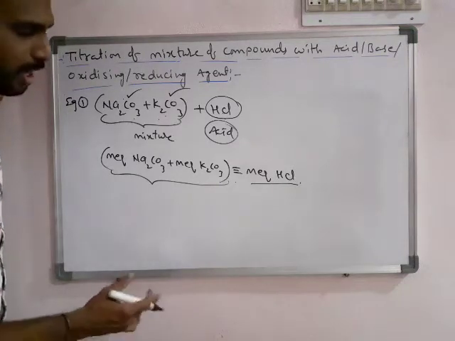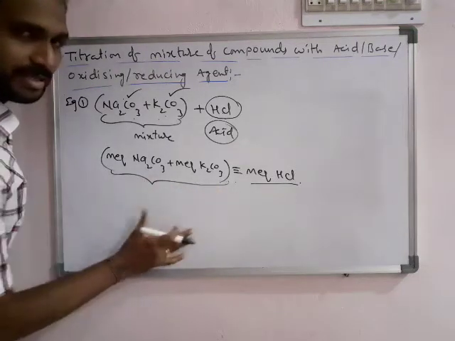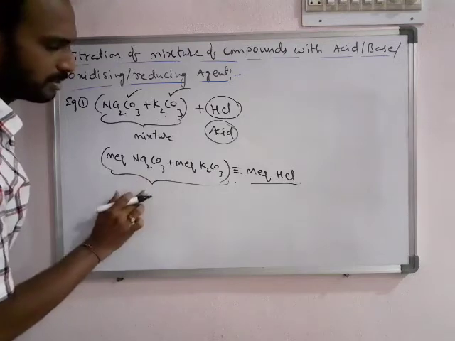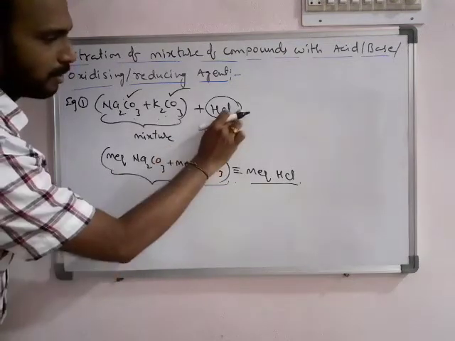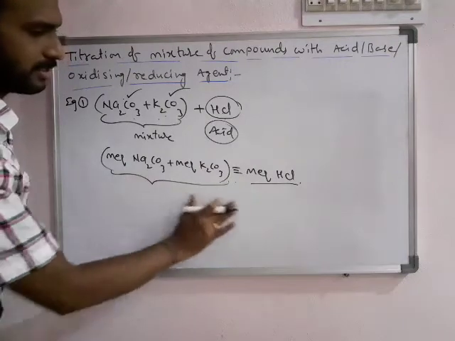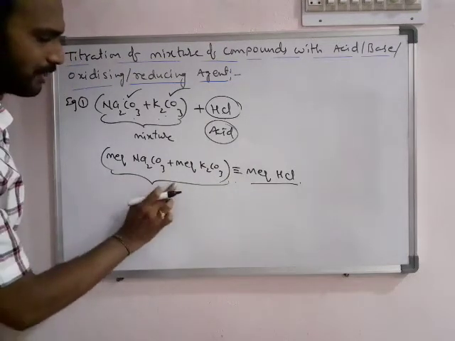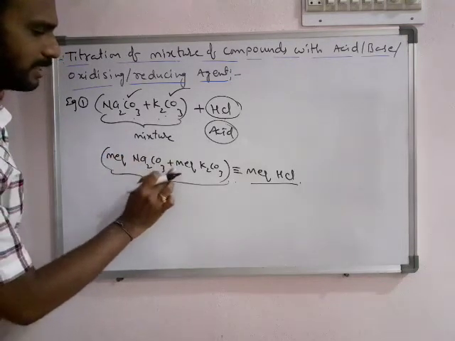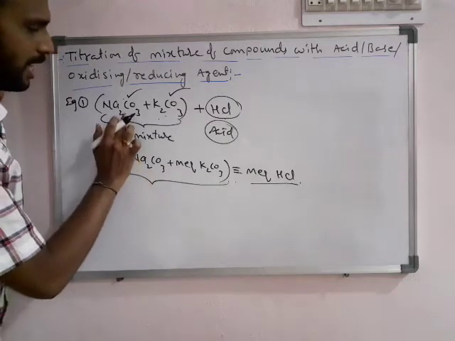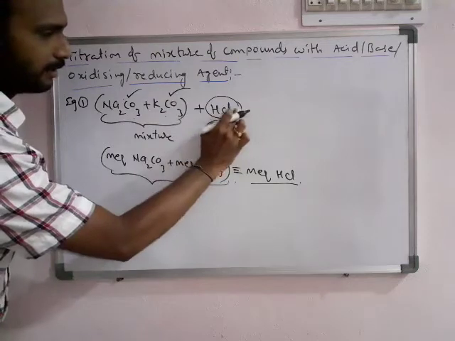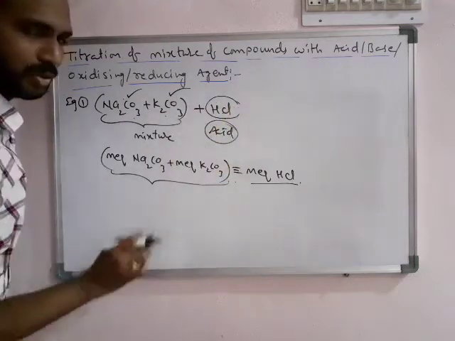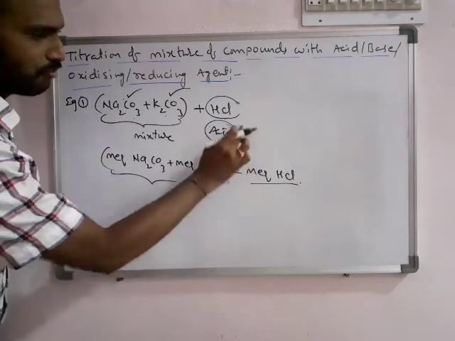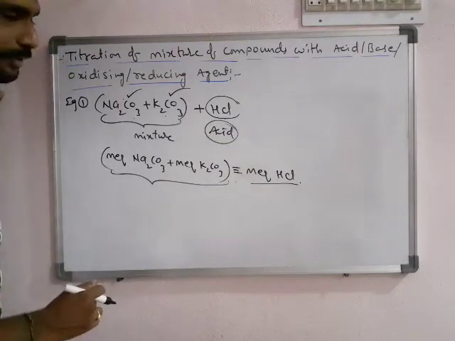Just like in normal problems we equalize single compounds. Here, for a mixture of compounds, all compounds in the mixture participate in the reaction. So we use this type of formula: the sum of the milli equivalents of all components in that mixture reacting with the other reactant is equal to the milli equivalents of that particular other compound.